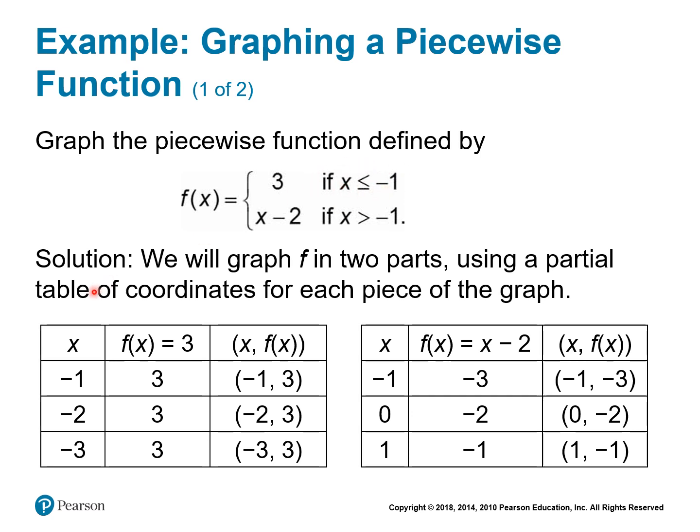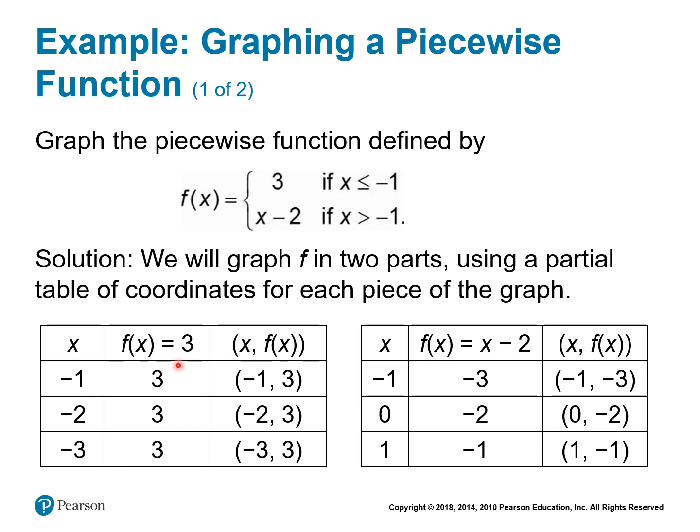Okay, so let's look at the solution. We will graph f in two parts because there are two different functions here. We have to graph f in two parts using a partial table of coordinates for each piece of the graph. So we see here we have two tables, one on the left hand side, one on the right hand side.